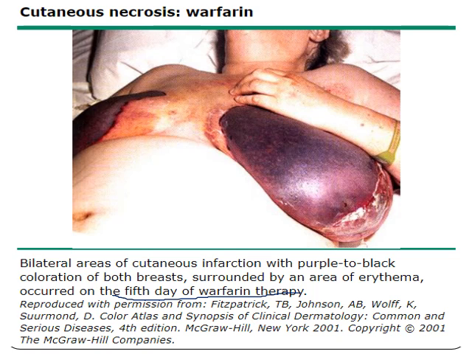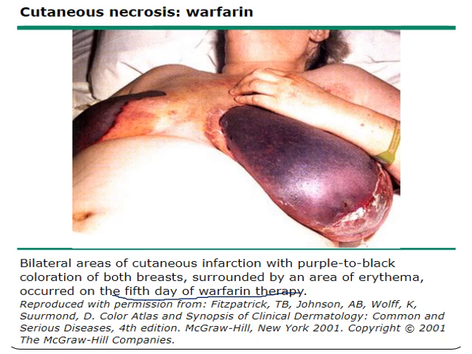Usually warfarin-induced skin necrosis involves the extremities, but it can also occur in the breast, in adipose tissue, and also in the penis. So these are the sites where cutaneous necrosis can be seen due to warfarin.